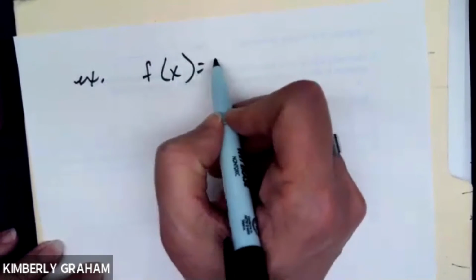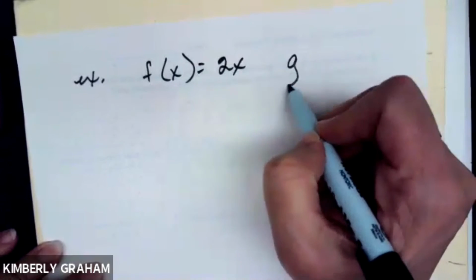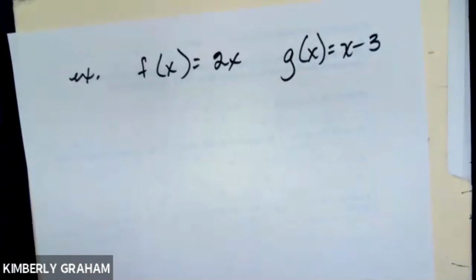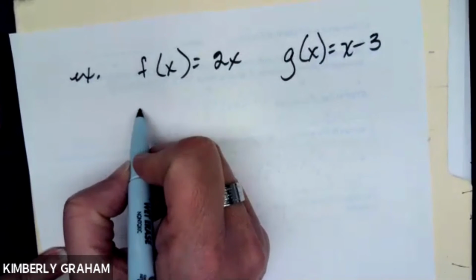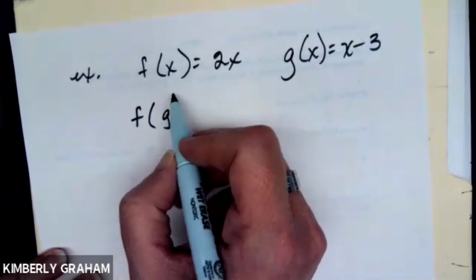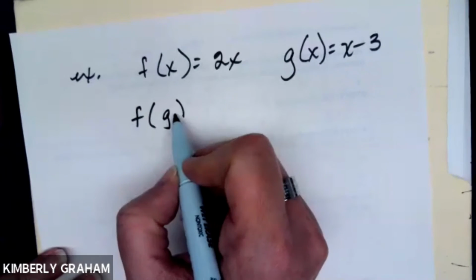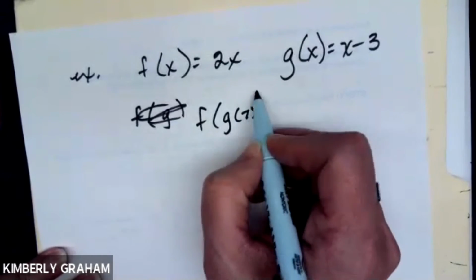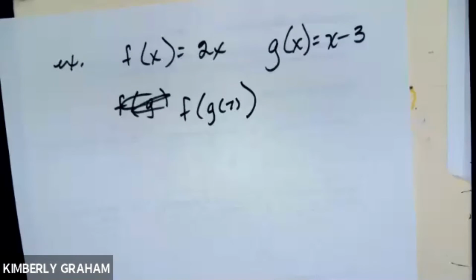Let's say I have f of x equals 2x and g of x equals x minus 3. And again, this is something that we did in intermediate algebra and college algebra. You don't need to really write this down. If I want to find f of g of, let me say that again, f of g of 7, then what that means is I want to put 7 into the g function.